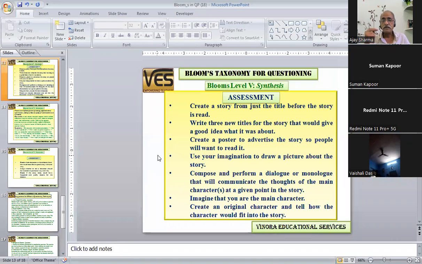Number 2 is कि we give the title of this story and then they are given a brief outline. And then they are asked to create a story out of that outline. क्या होगा? Something new will be happening, which will be beyond your imagination, my imagination.